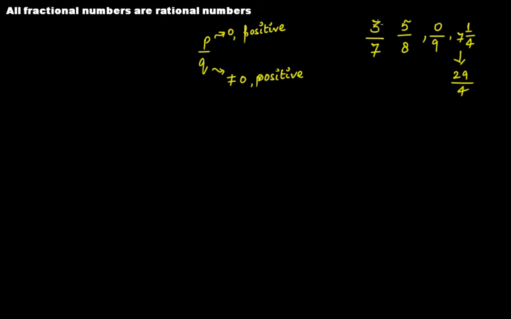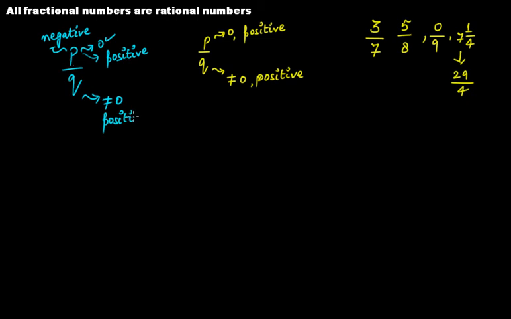Clearly, all these are actually rational numbers, because the definition of a rational number says that it is of the form P over Q, where P can be 0, any positive integer, and a negative integer as well. Similarly, Q cannot be equal to 0 but can be positive, and it can be negative also.